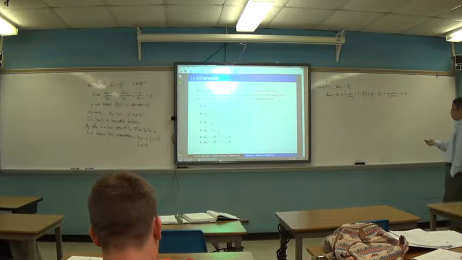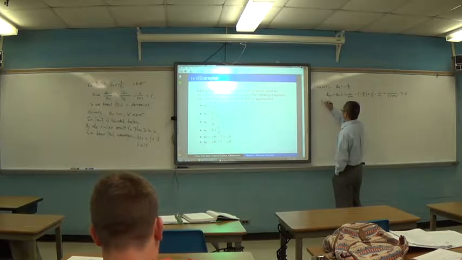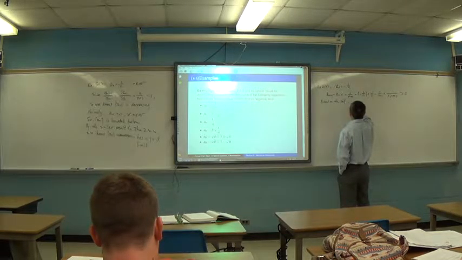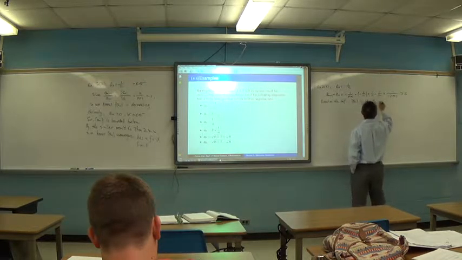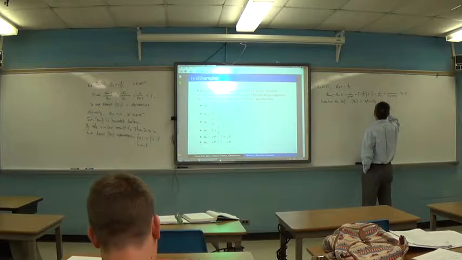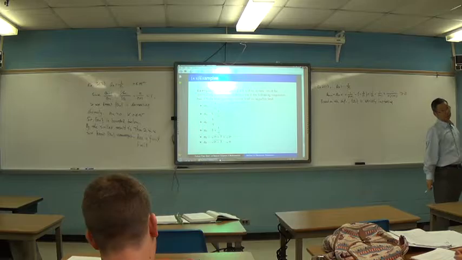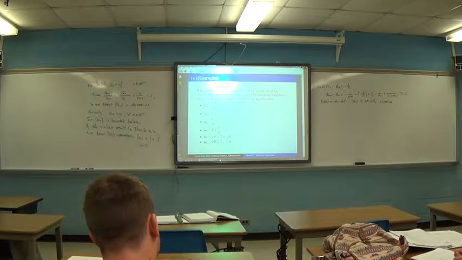Now based on definition, a_n is strictly increasing. If you don't believe it, check the definition. What means strictly increasing?